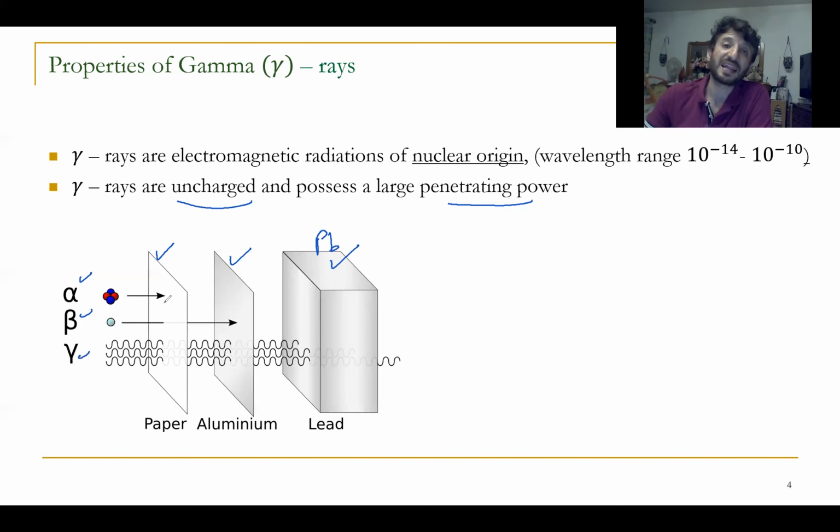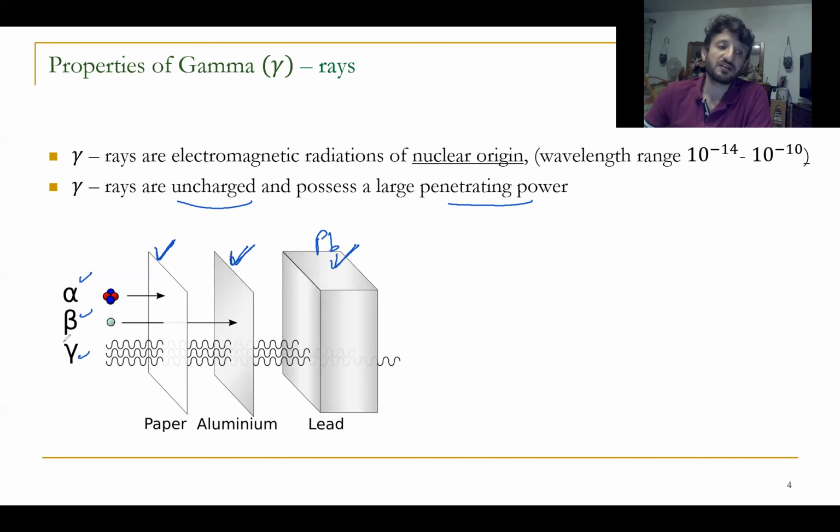Alpha particle cannot penetrate a sheet of paper. Beta particle has more penetrating power, can penetrate the paper sheet, but it cannot penetrate the aluminum sheet. Gamma photon has a very high penetrating power, can penetrate the paper sheet, can penetrate aluminum, and also it can penetrate a lead block.